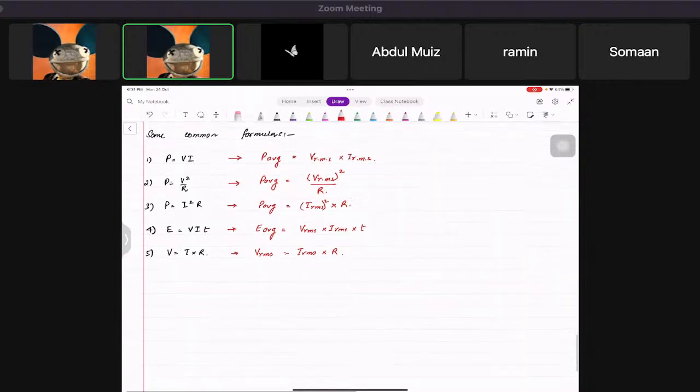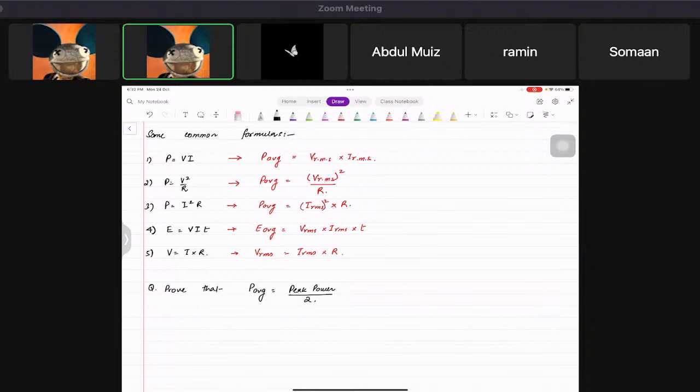One of the questions which comes very often is when they say prove that the average power is equal to peak power over 2. You need to prove this.